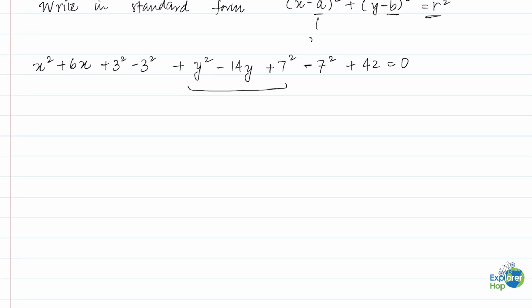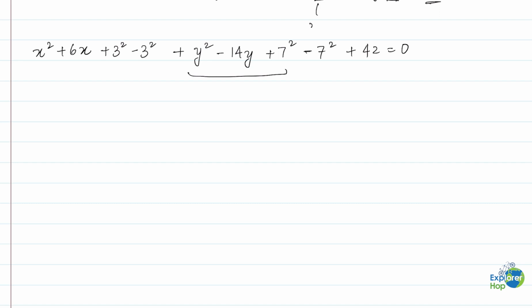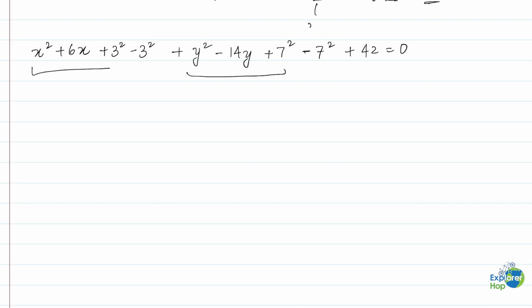Now we will try to write these in square form. We can easily write this as (x plus 3) whole squared, and this will be expanded to minus 9.